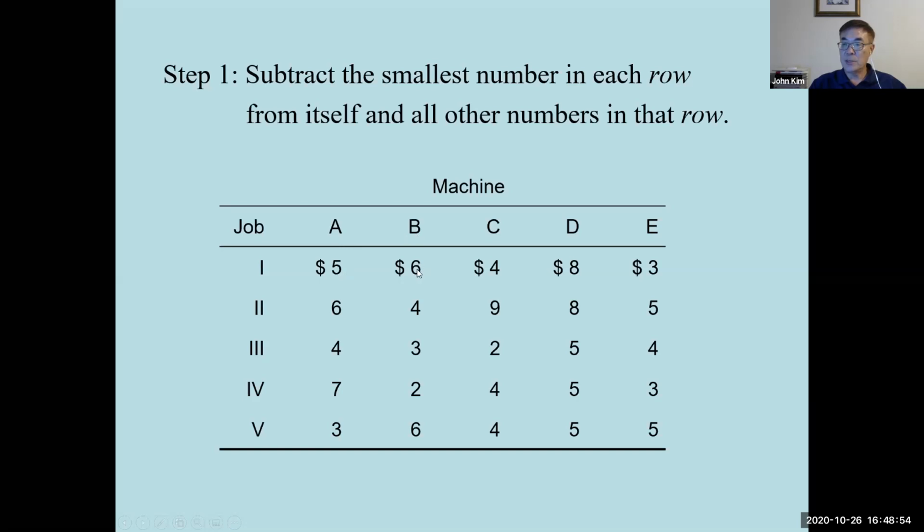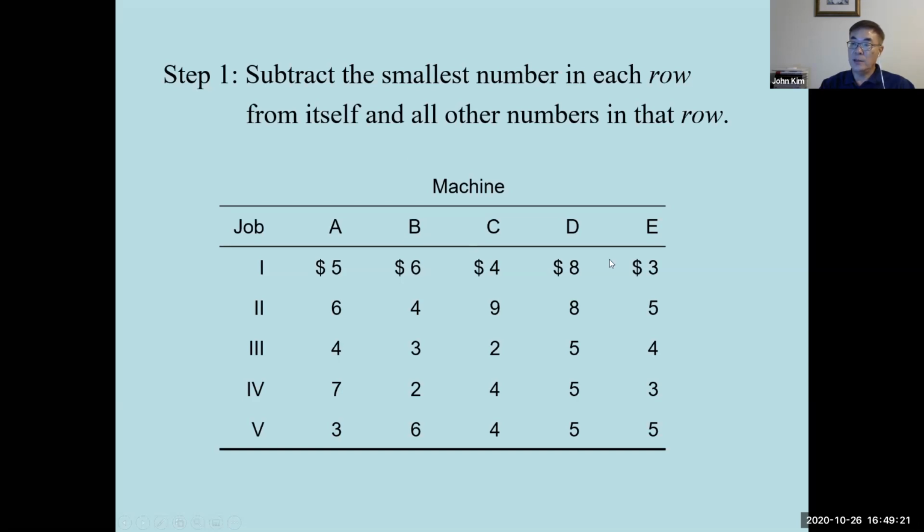Machine B, $6, then 4, 8, and 3, and so on. Then step 1, subtract the smallest number in each row, because these are costs. So find the smallest.